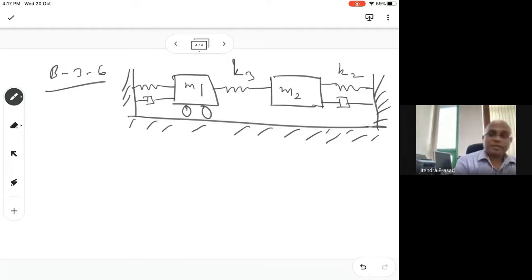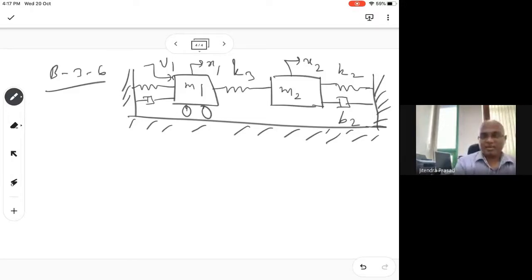This is what you have studied earlier. Here there is a force U1 and displacement x1. The nomenclature has changed, and then x2, K2 and B2, like this one.